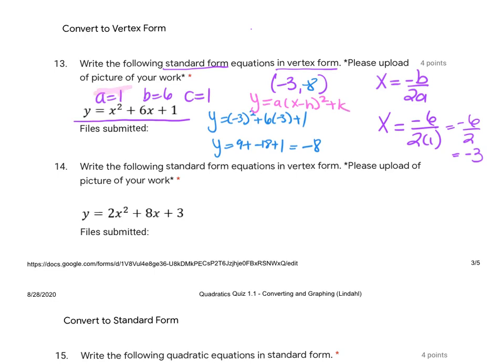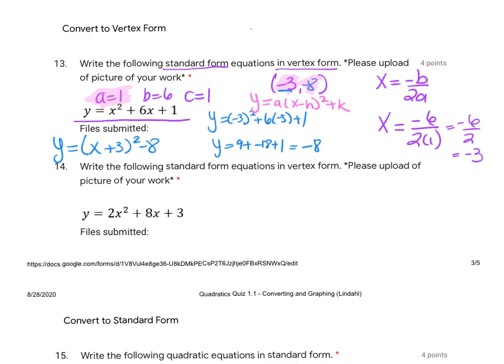My a value is 1, my h is going to be negative 3, and my k is going to be negative 8. So my final answer should look like y equals 1, or don't write the 1, x plus 3 squared minus 8. It's going to be plus 3 because this is a negative 3.